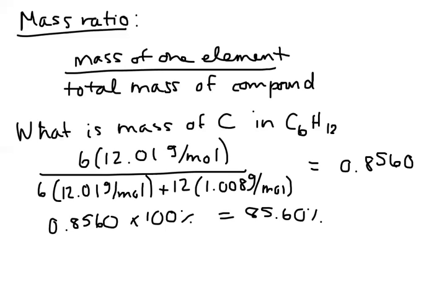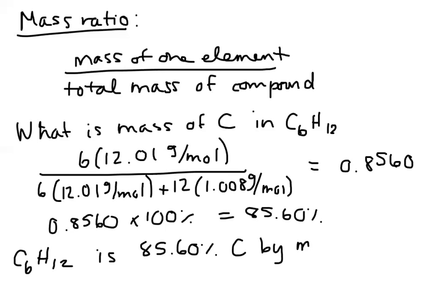And the way you would say that is C6H12 is 85.60% carbon by mass. Not by volume, not by number of atoms, by mass. Carbon contributes 85.6% of the mass in C6H12. Any questions about this?